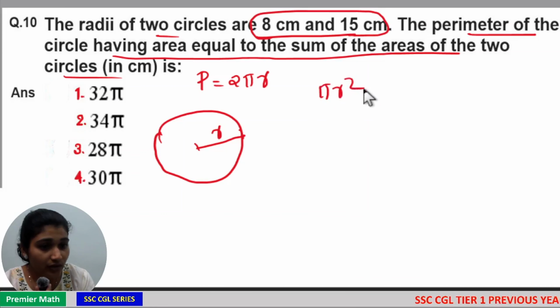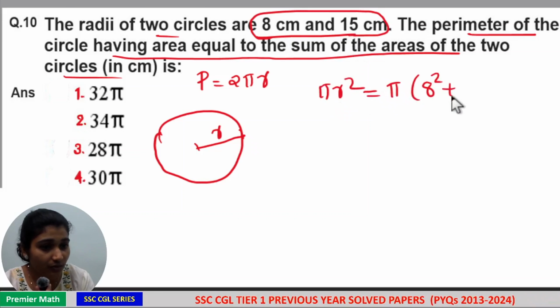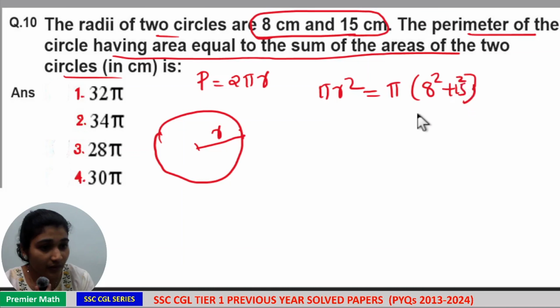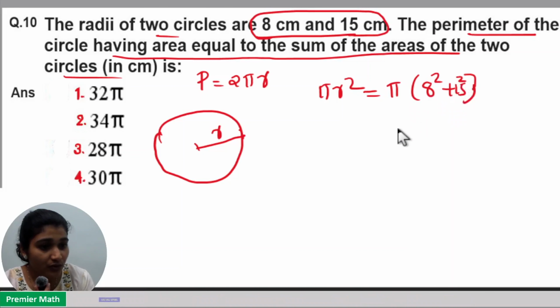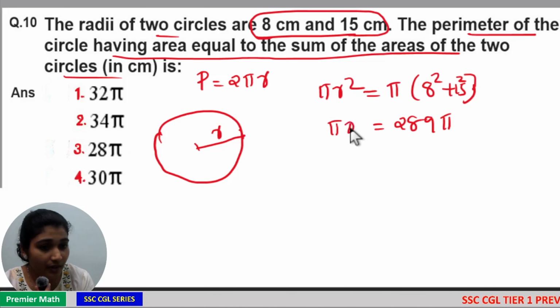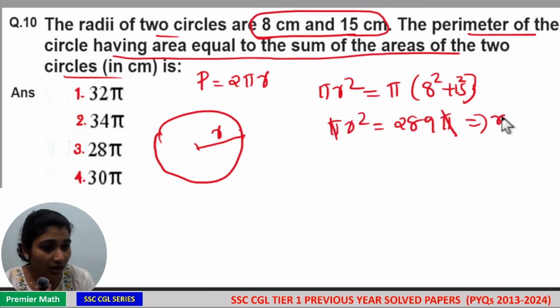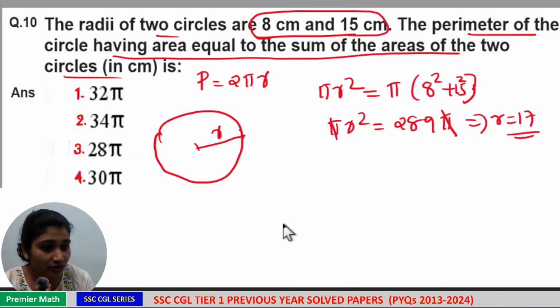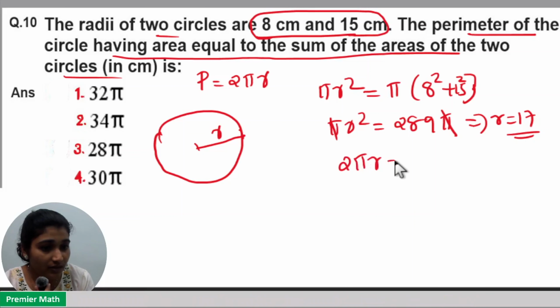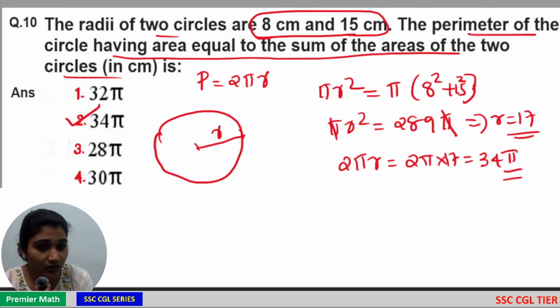Now, pi r square is equal to pi into r1 square plus r2 square, that is 8 square plus 15 square, which is equal to 64 plus 225, that is 289. 289 pi is equal to pi r square means here r square is equal to 289, so r is equal to 17. 17 square is equal to 289. Then 2 pi r is equal to 2 pi into 17, which is equal to 34 pi. So option 2 is your answer. Perimeter is 34 pi.